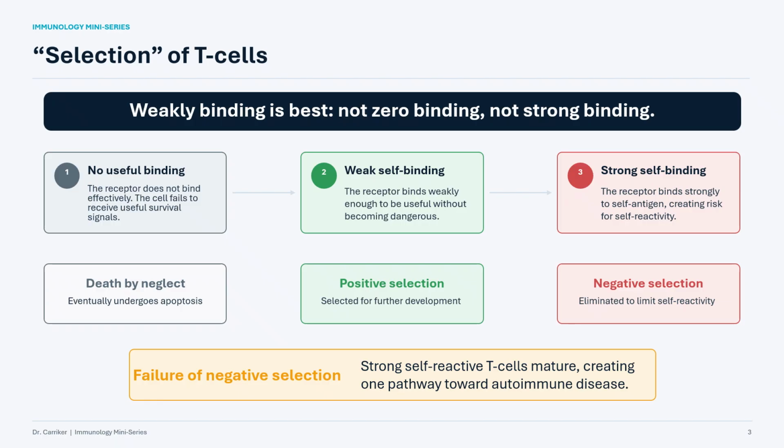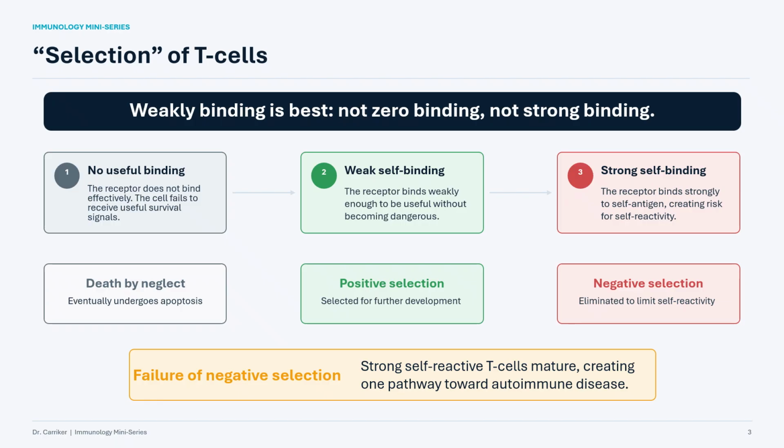Now, the military academy analogy works pretty well here. If you think of the thymus as the training camp, the entrance exam asks whether the cell can recognize the appropriate uniform. In other words, can the cell recognize self-MHC, or self-major histocompatibility complex?